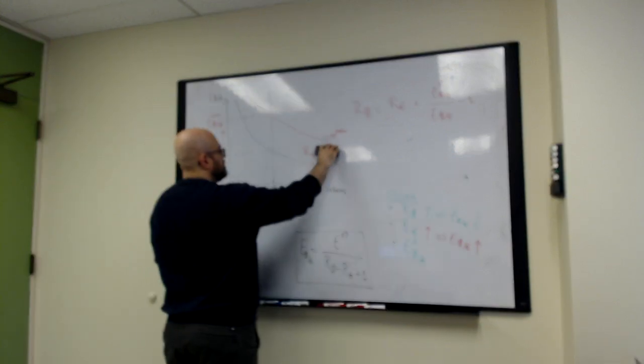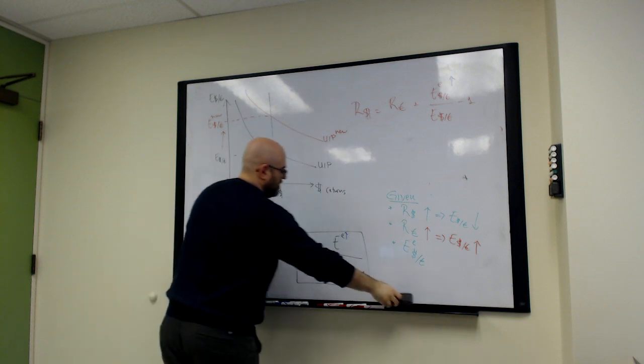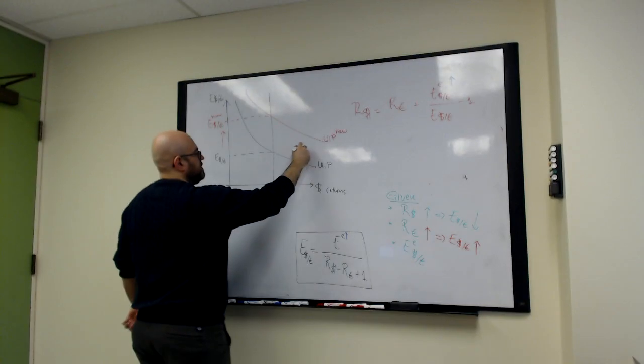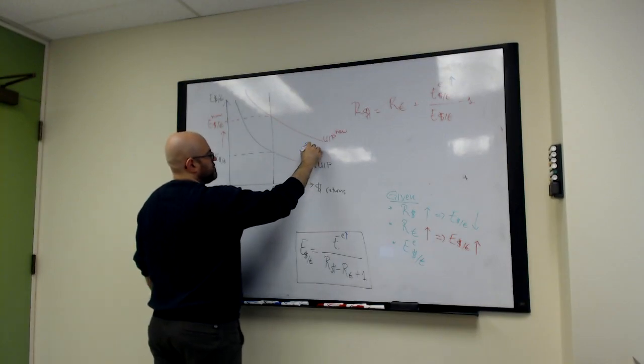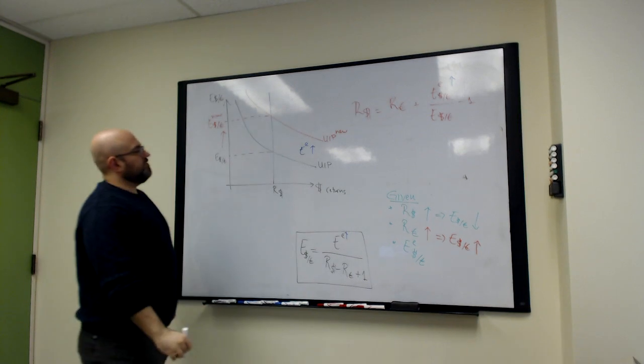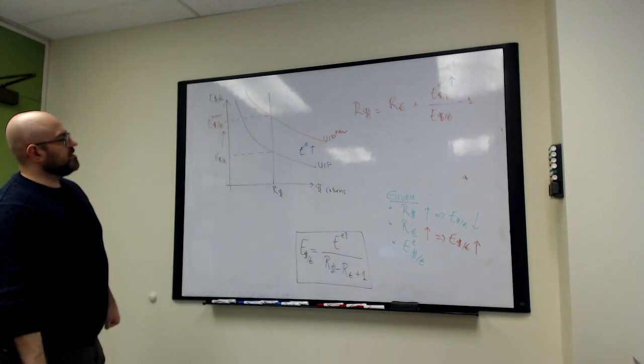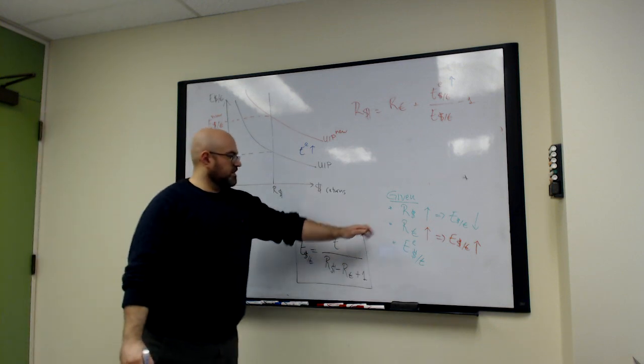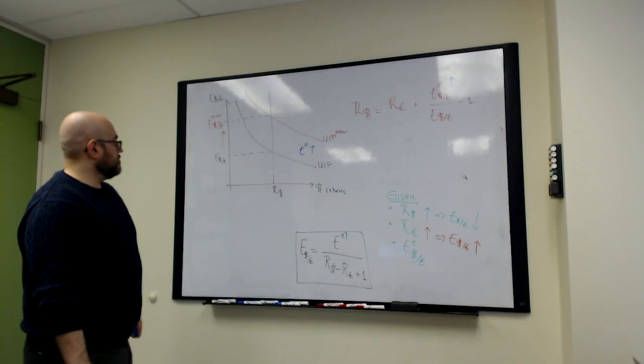So the same shift in the curve can come from expectations of a weaker dollar in 1 year's time, or from higher interest rates in Europe.